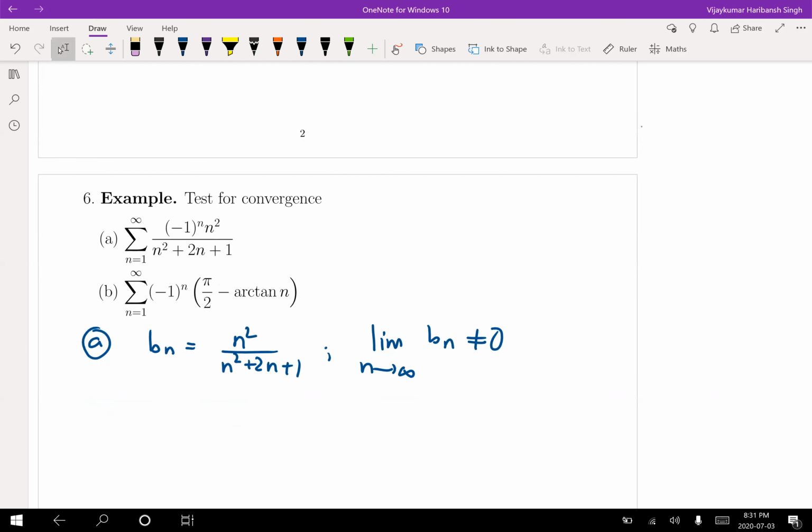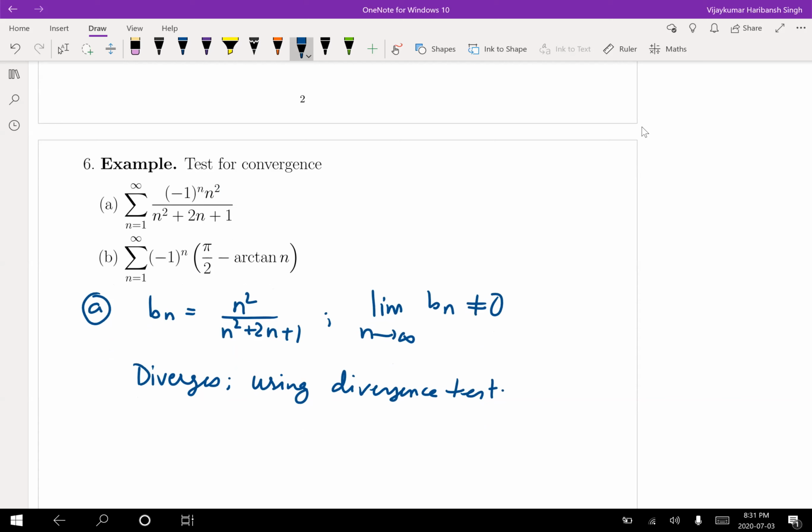Therefore, by the divergence test, it diverges. We have already seen that before. So you don't need to use the alternating series test. Since the limit as n goes to infinity of Bn is not 0, this is going to diverge.